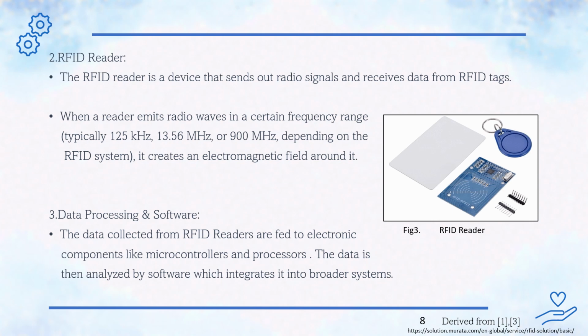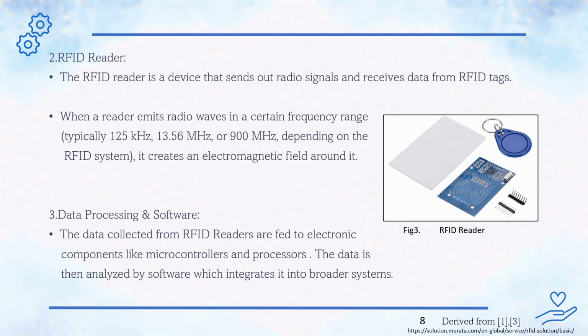Next is the RFID reader. As mentioned earlier, each RFID tag is compatible only with a specific reader. The RFID reader is a device that sends out radio signals and receives data from the RFID tags. A reader emits radio waves in a certain frequency range, typically 125 kilohertz, 13.56 megahertz, or 900 megahertz.